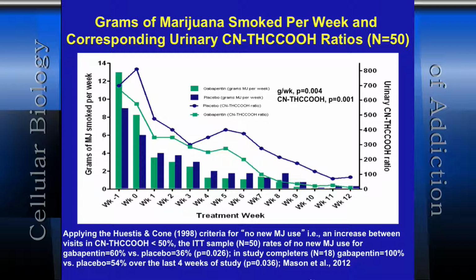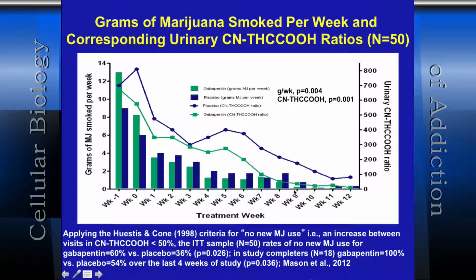So this slide shows you the urine and self-report measures of use. Gabapentin's in green, and the lines are urine. You'll see that the urinary concentration started out at quite the same level, but gabapentin went down and stayed down, such that for the last 4 weeks of the study, there was no evidence of new marijuana use.